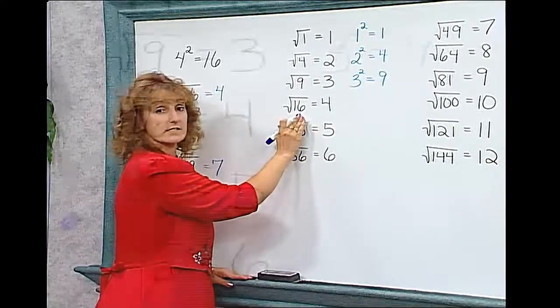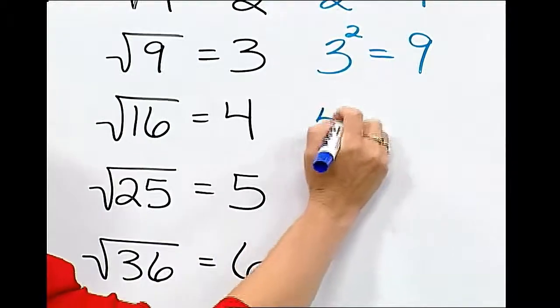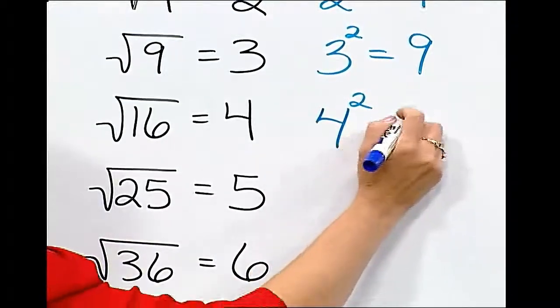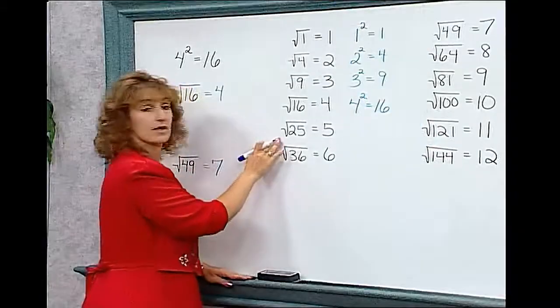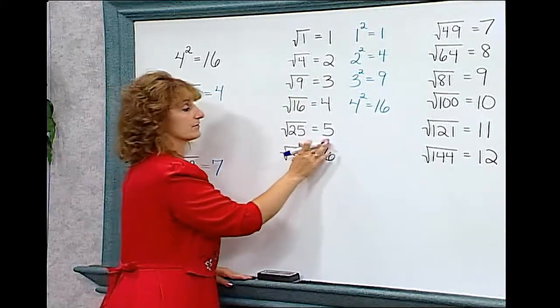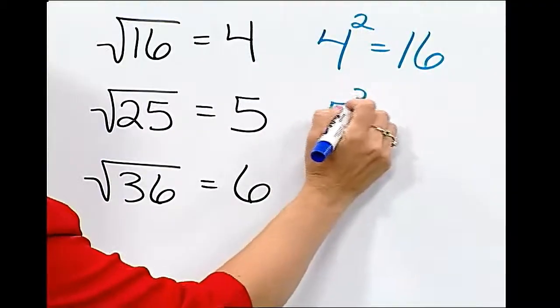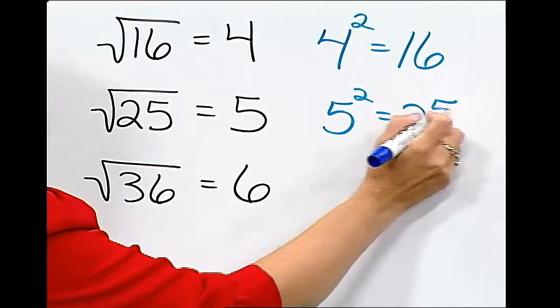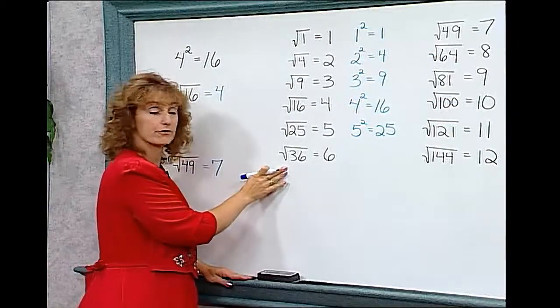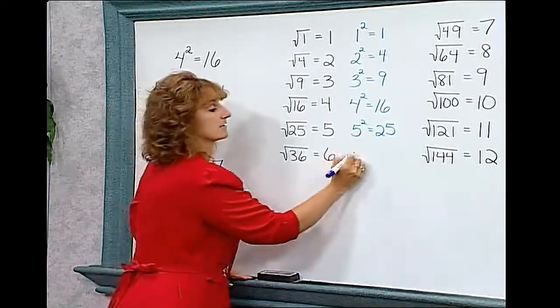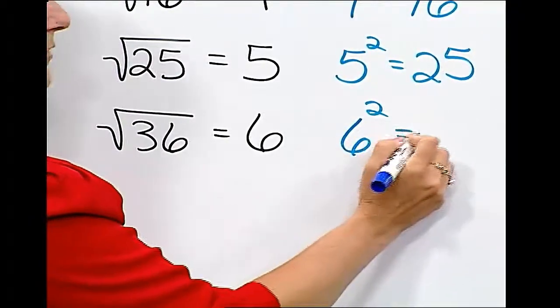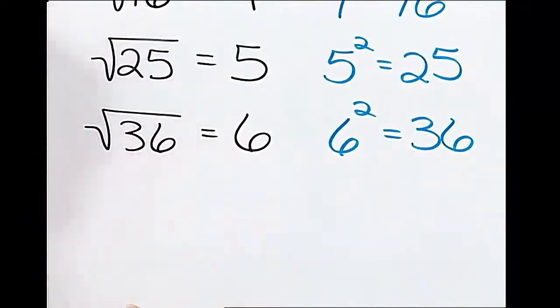The square root of 16 equals 4 because 4 squared equals 16. The square root of 25 equals 5 because 5 squared equals 25. The square root of 36 equals 6 because 6 squared equals 36.